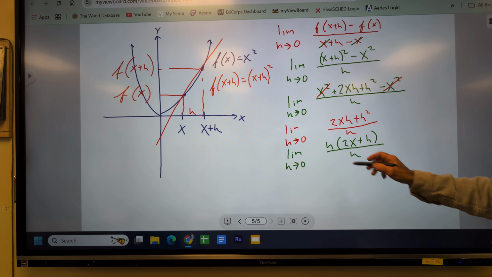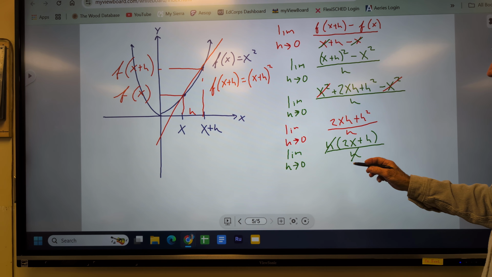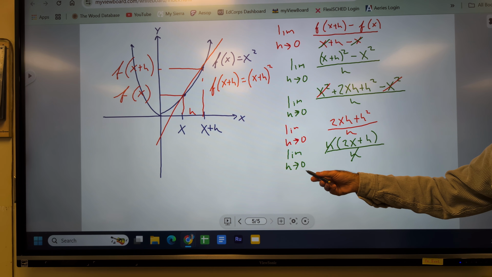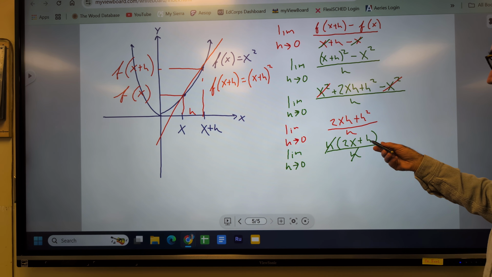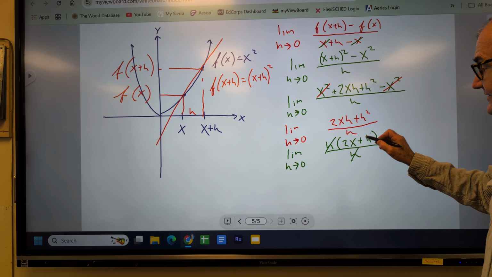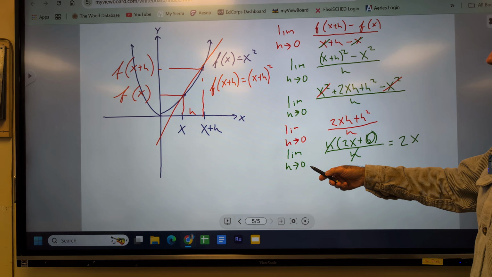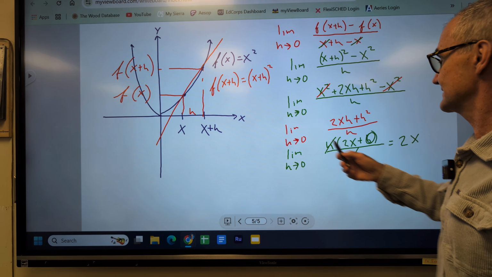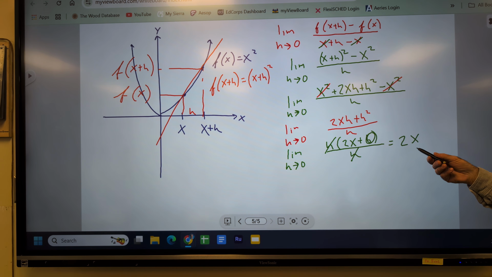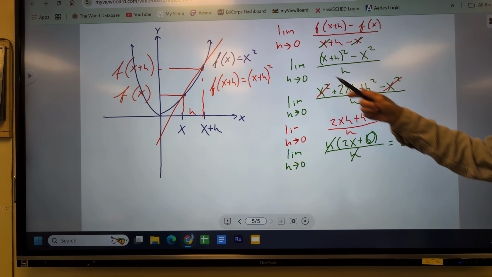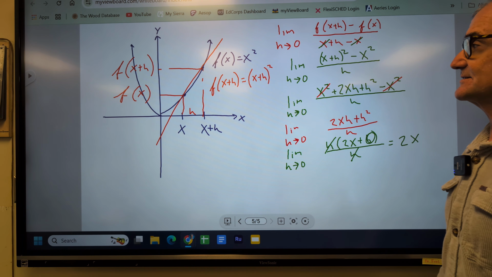Now that I've done that, these h's will cancel. I could do the limit as h approaches 0. I'm going to plug that 0 in here, and that's going to give me 2x. So the limit as h approaches 0 for this function is 2x. And that is the derivative, the slope of this function.